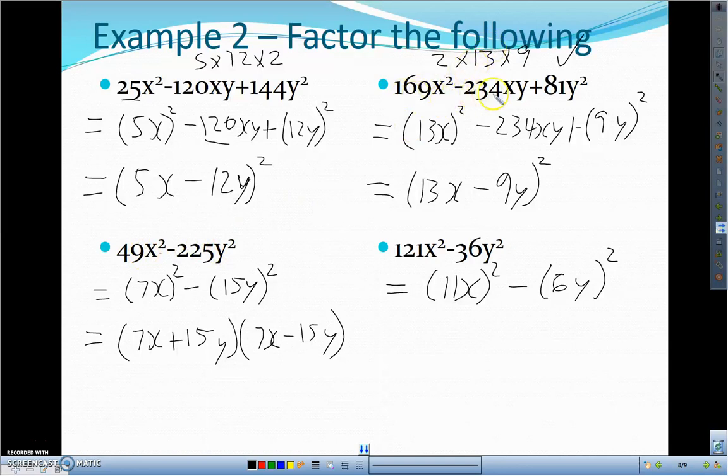And in that case, that's why you should be trying to common factor everything first, but if you can't find any common factors, then you should be looking at whether or not it's a perfect square or difference of squares. This is going to be equal to 11x plus 6y times 11x minus 6y. And we're done with that.